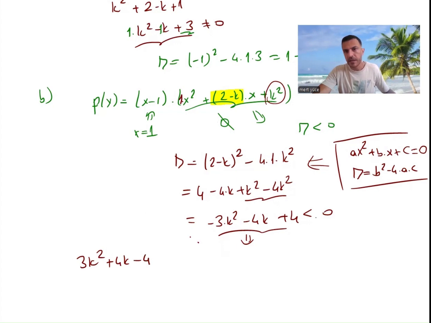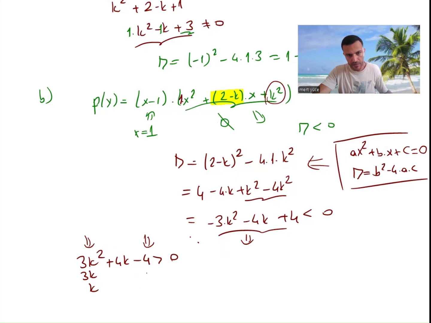In this case, the direction of the sign will be changed, so it will be greater than 0 instead. So what's the root of this expression? When we factorize this expression, 3 times k squared, and the factorize of minus 4, we can use 2 and minus 2.